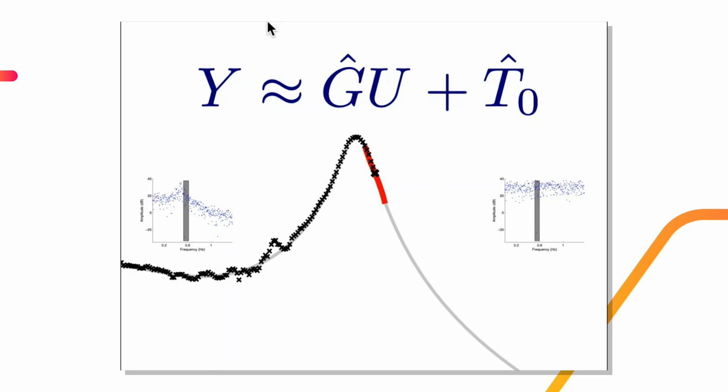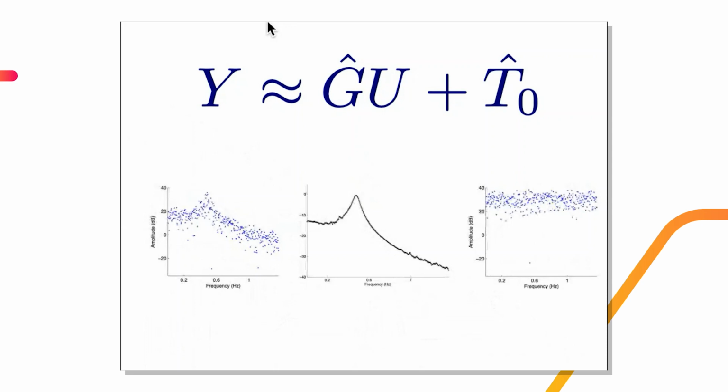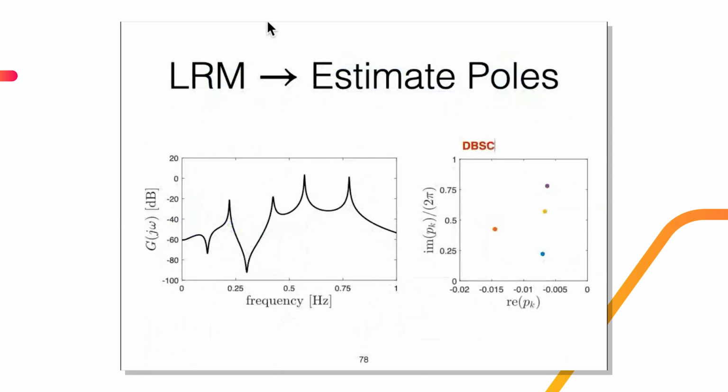And there we used an algorithm which is called dbScan. dbScan stands for density-based spatial clustering of applications with noise. Basically, it's a clustering algorithm which is going to find where the clusters are of the poles.